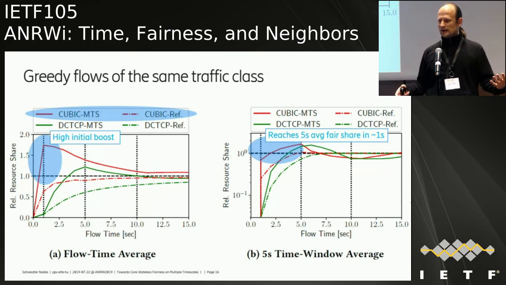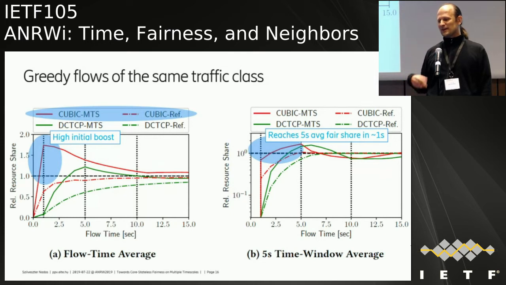And what you can see, I highlighted some cases with the Cubic multi-timescale versus the reference. What you can see there is that the flow time average, this is a relative curve, and one is the equal share. It's not anymore the fair share.